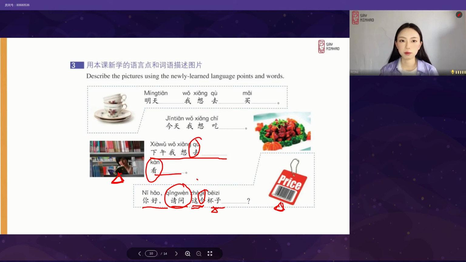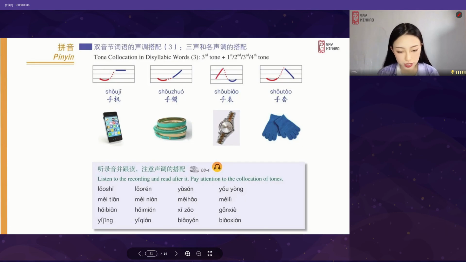So we're asking about the price of the cup. So how to ask about price? 这个杯子多少钱？Very good. So this is the answer of it. 你好，请问这个杯子多少钱？Okay, these are the exercises for today.